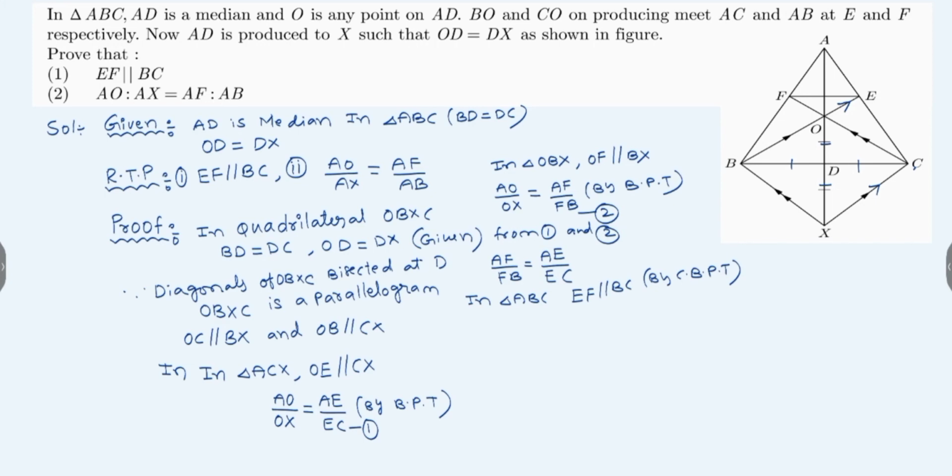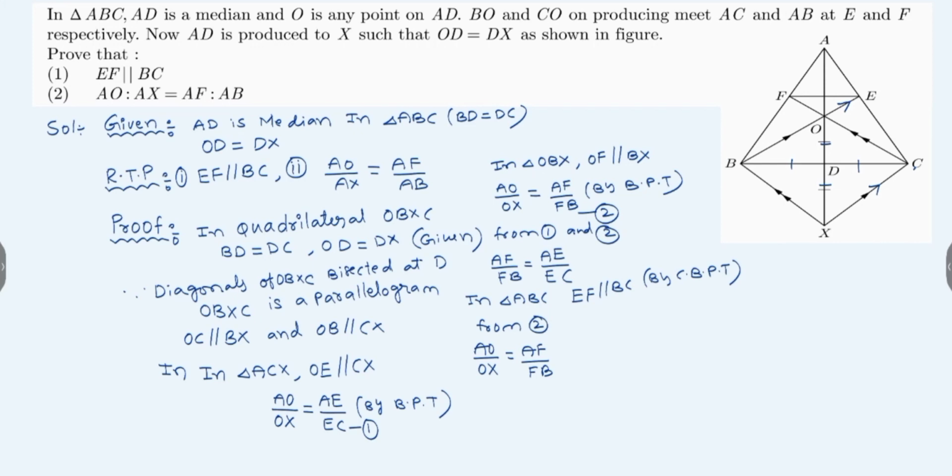First thing is done. Now let's see how to prove second one. To prove second one, take the equation 2. From equation 2, we already know AO by OX is equal to AF by FB. Now we take invertendo.